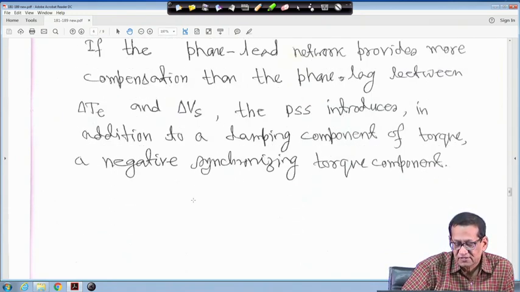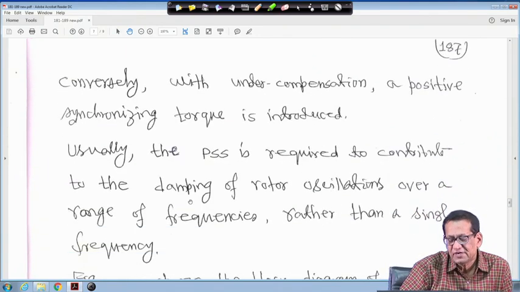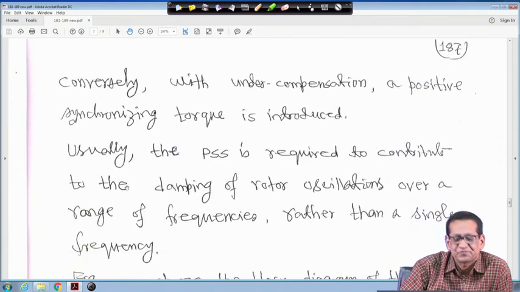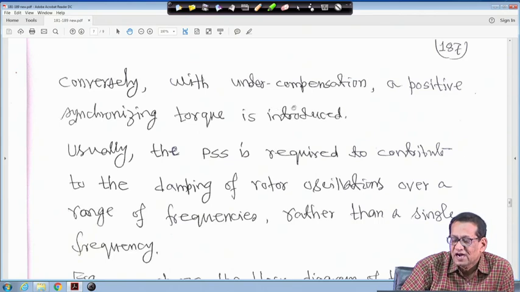Things are simple, but a little bit of understanding is required. Conversely, with under compensation, a positive synchronizing torque is introduced.